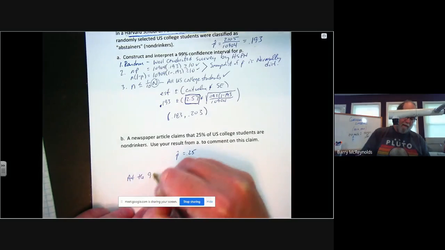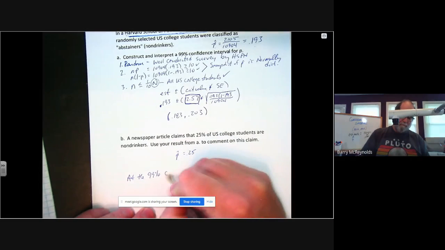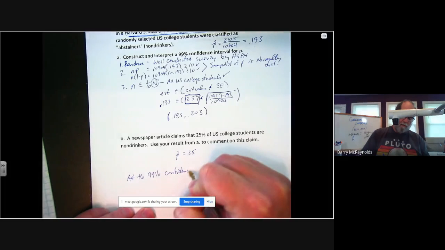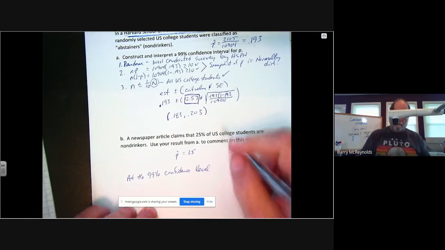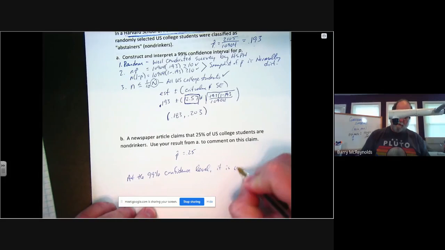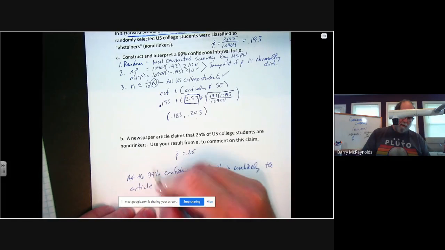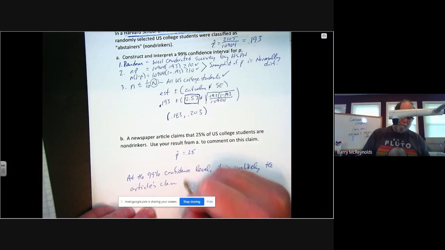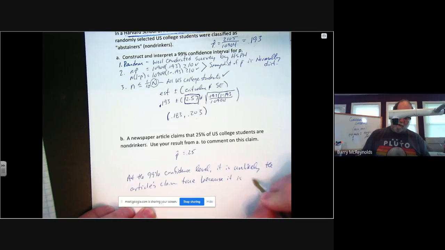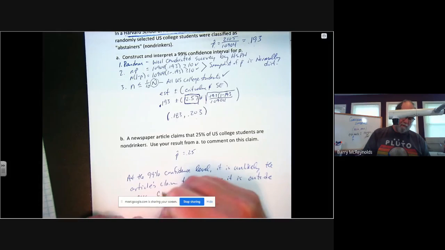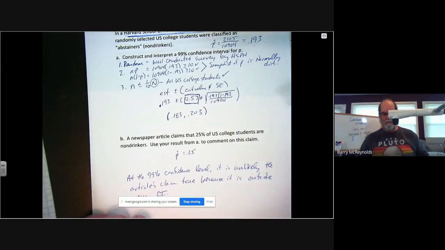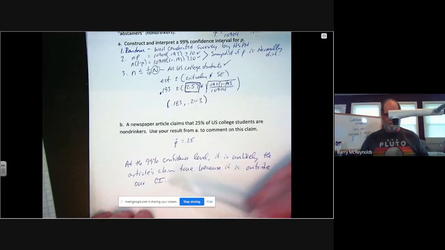At the 99% confidence level, it is unlikely the article's claim is true because it is outside our confidence interval. So here I've used the term confidence level and confidence interval in the same sentence.